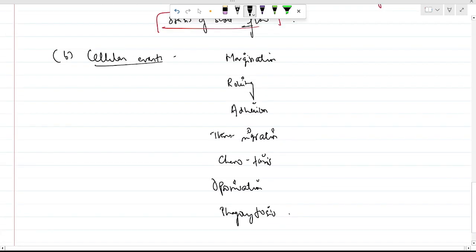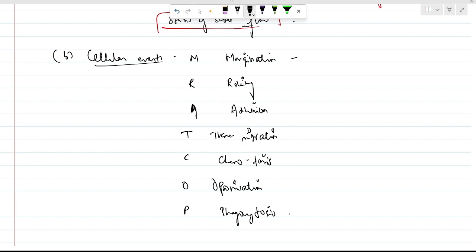So here comes the MRA TCOP. There is no specific mnemonic here, I just developed this. This is MRA TCOP. Remember, margination, not migration.